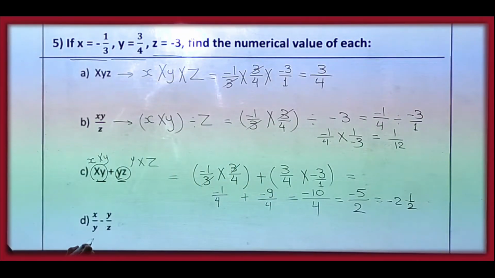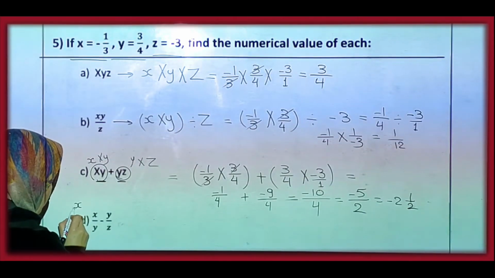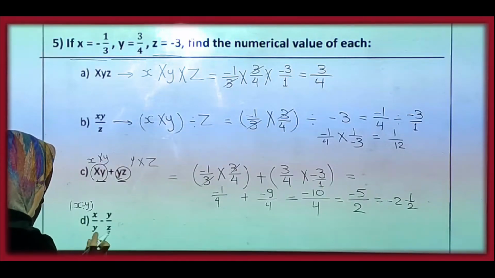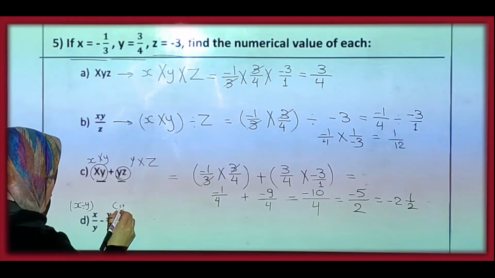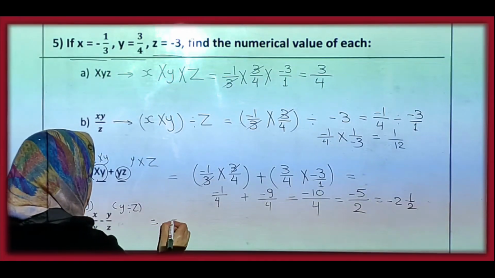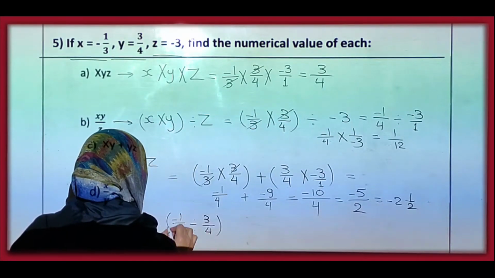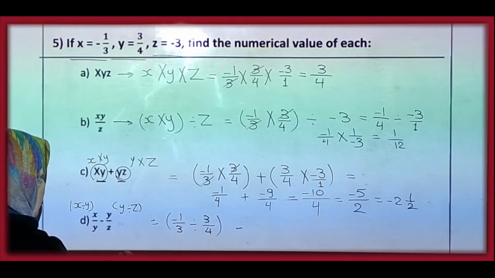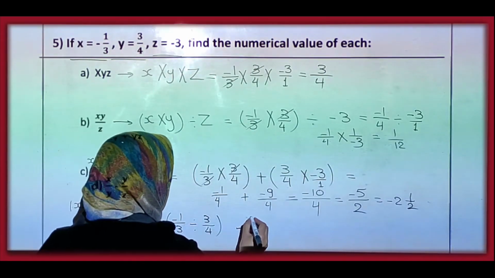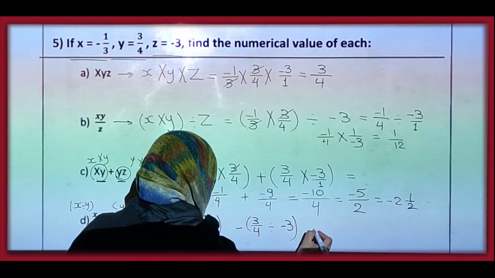Letter D, x over y minus y over z. x over y means x divided by y, minus y over z means y divided by z. x divided by y: negative a third divided by 3 over 4, minus y over z: 3 over 4 divided by negative 3.